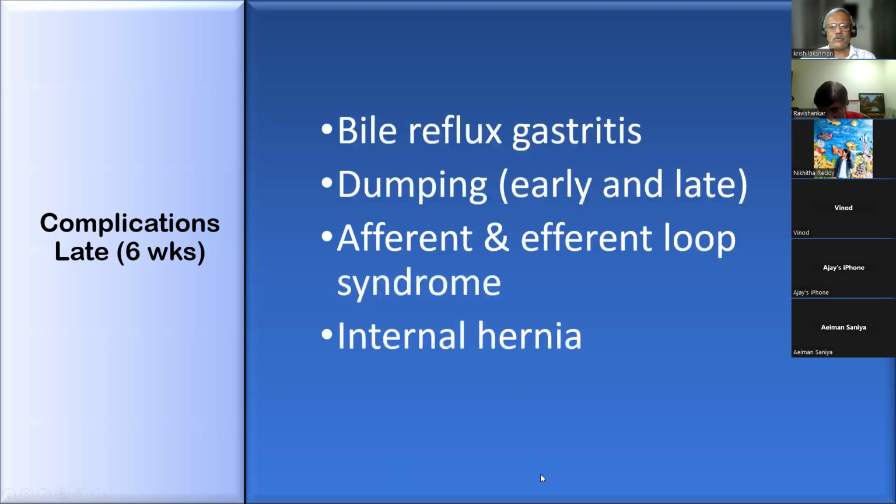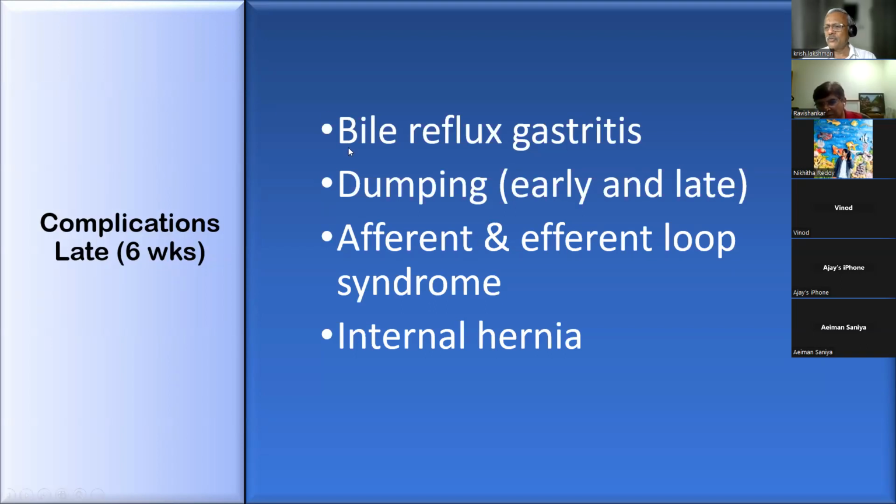All right. So we then come to the late complications, generally considered to be things that happen after 6 weeks. So bile reflux gastritis. That's one thing. In spite of all the things that you have done, you may still have reflux gastritis. I put it under late because it can happen early also, but it becomes a real problem when it's going on for a few weeks.